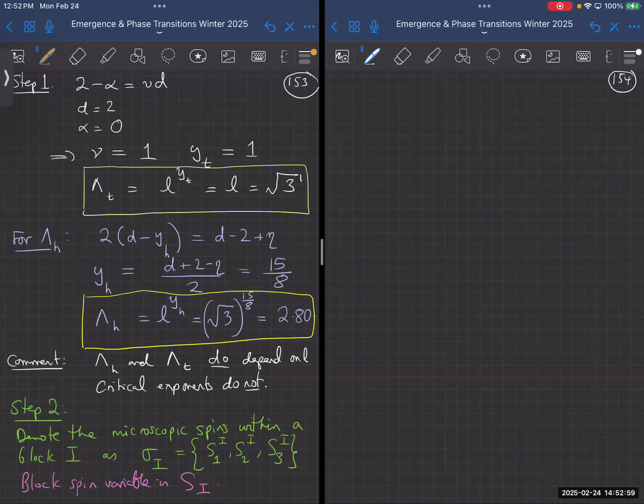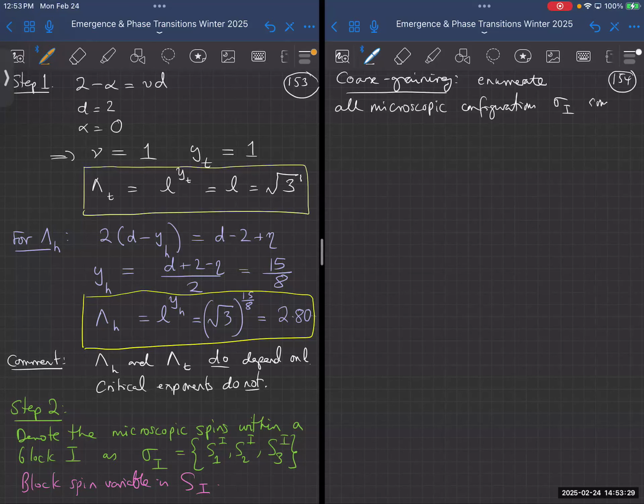So the way that we're going to do the coarse graining is I'm going to enumerate all the possible microscopic states of the system that are consistent with a given macroscopic state of the system.